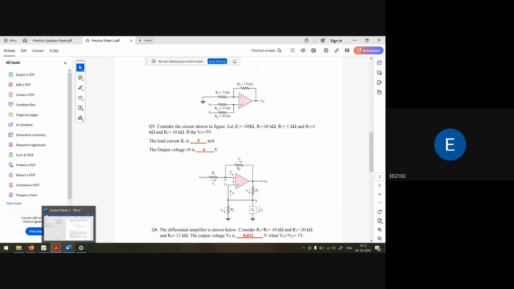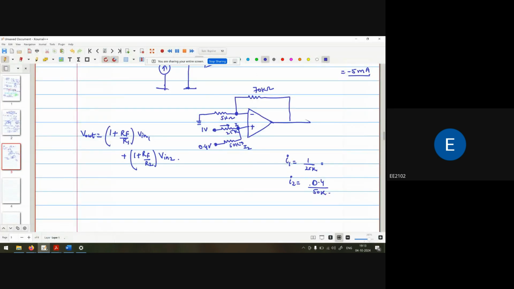Yeah, 1 plus Rf by R1, and calculating it. Can anyone calculate what voltage we are getting here?